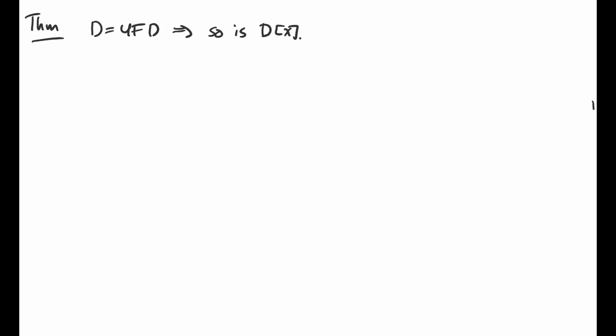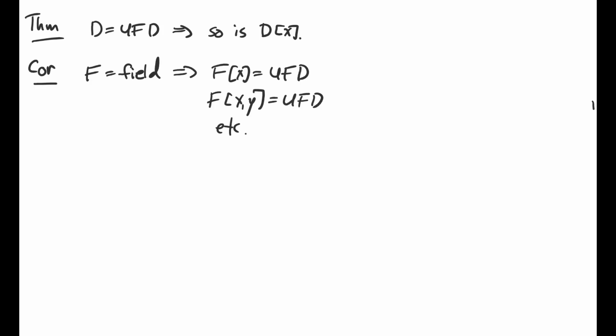So a corollary: if F is a field, then F[x] is a UFD. And since F[x] is a UFD, you can attach another indeterminate, F[x,y] is a UFD, and so forth. Attaching a finite number of indeterminates leaves it as a unique factorization domain. All right, let's head to the proof of the theorem.